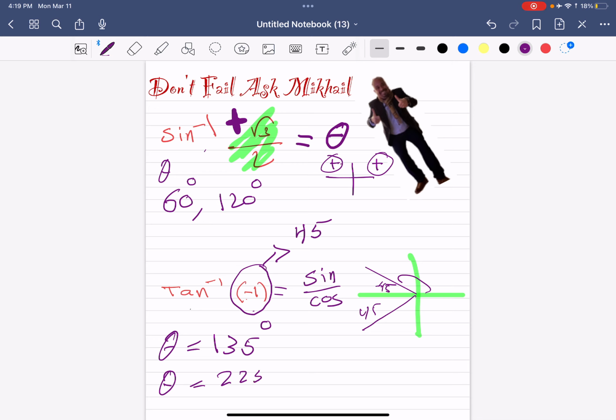Oh, my apology. The tangent is negative on the third quadrant here. So it's either 135 or 315. So theta equals 135 or 315. Okay? All right, let's move on.